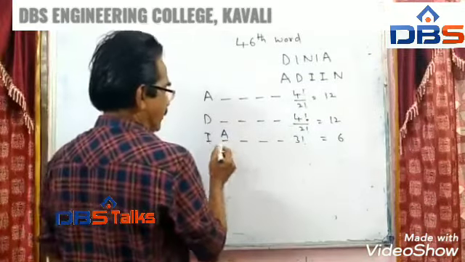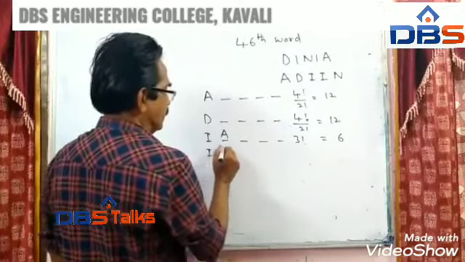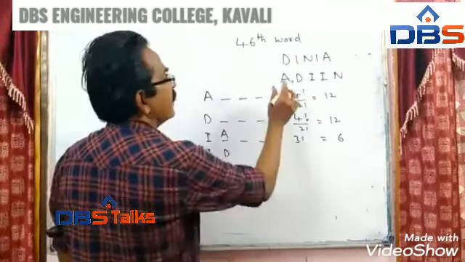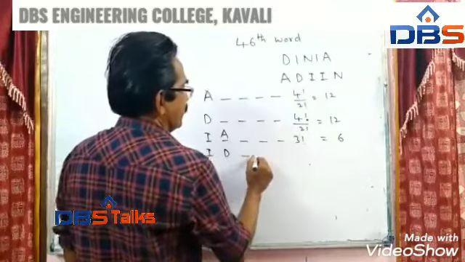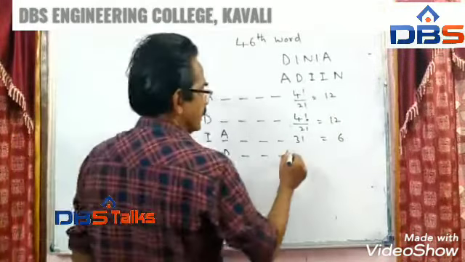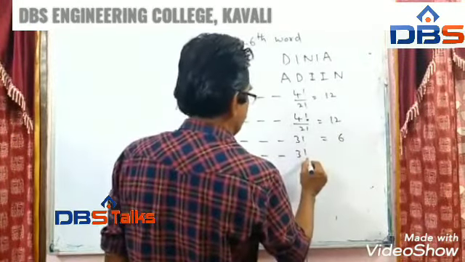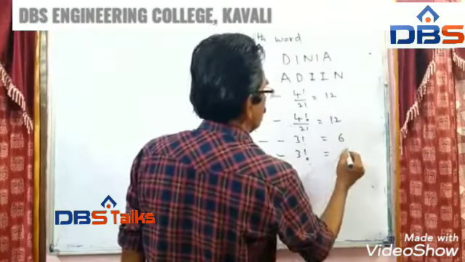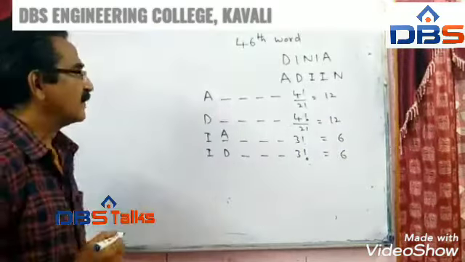After IA, we have to take ID. The words beginning with ID are again 3 factorial, that is equal to 6.